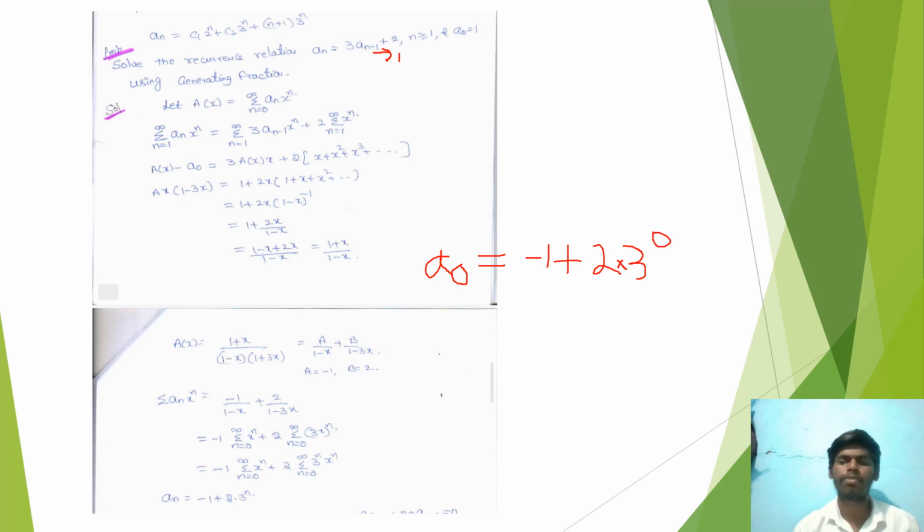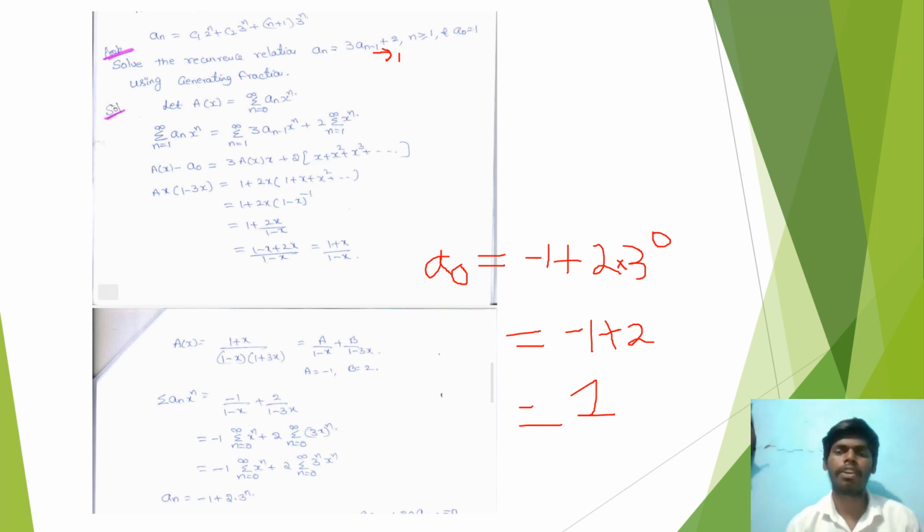We know that 3 to the power of 0 is equal to 1, so we'll get minus 1 plus 2, which is equal to 1. So we have got the correct answer, and we have verified that a naught is equal to 1.